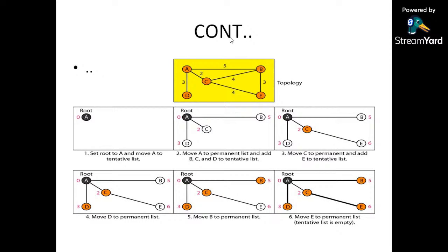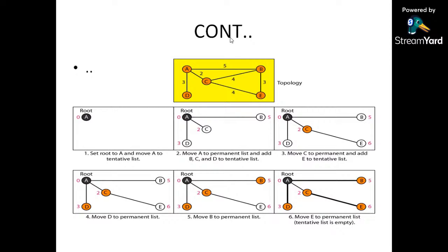Second, move A to the permanent list and add B, C and D to the tentative list. Tentative means temporary. Now third, move C to the permanent list and add E to the tentative list.